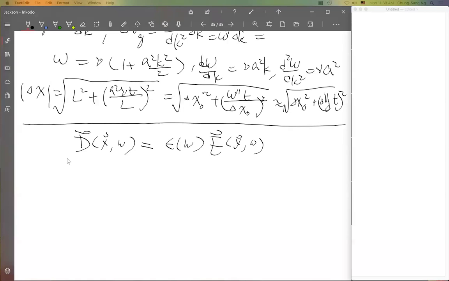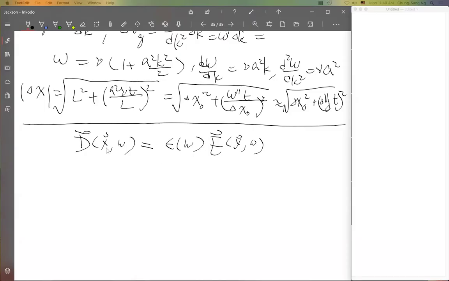But just to mention, this is still a simplified version of a more general dielectric constant, because this epsilon only depends on omega. In even more complicated cases, epsilon can also depend on the wave number or the wave vector.